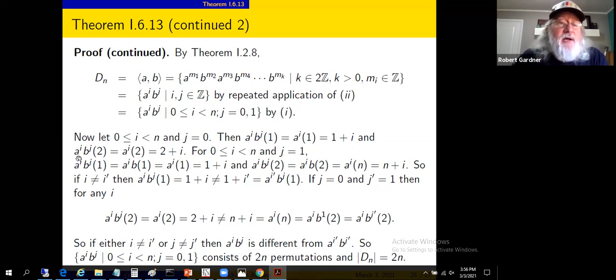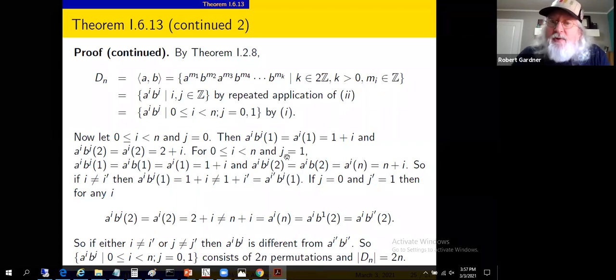If we look at A to the i, B to the j applied to 2, when j is 0, B to the 0 of 2 just leaves us with the symbol 2. A to the i will click it around and produce 2 plus i, reducing mod n if necessary. So that gives us symbols 1 plus i and 2 plus i when applied to 1 and 2 respectively when j equals 0. What about when j equals 1?